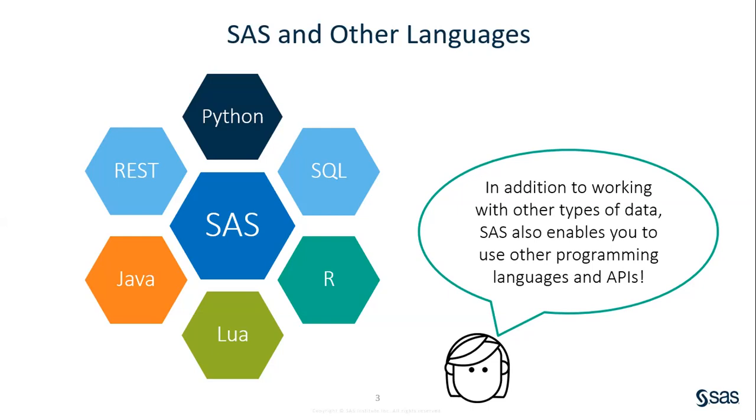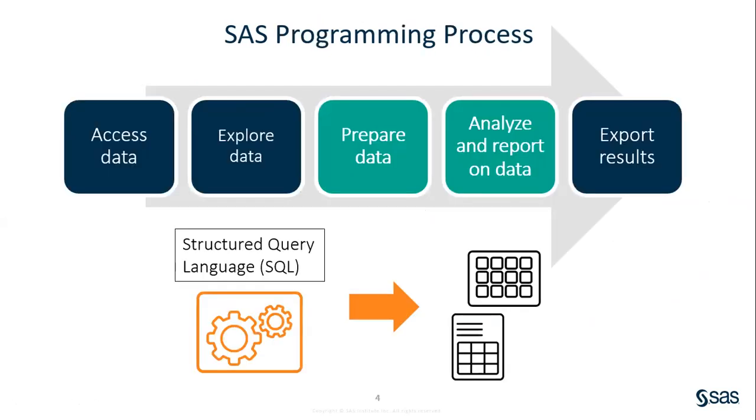So in addition to working with other types of data, SAS also enables you to use other programming languages and APIs. So as per our learning SAS programming process, we know how to access data, explore, prepare, analyze, and export also.